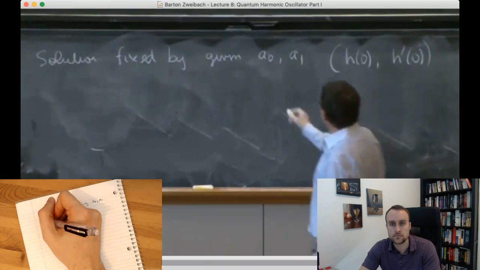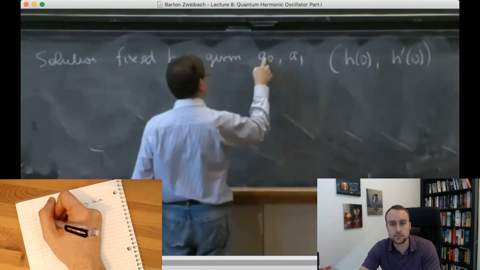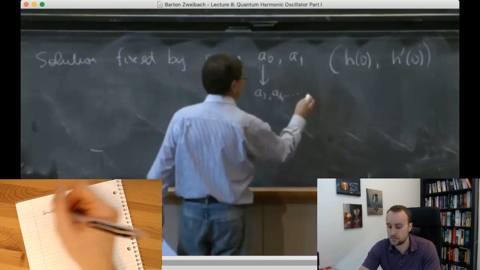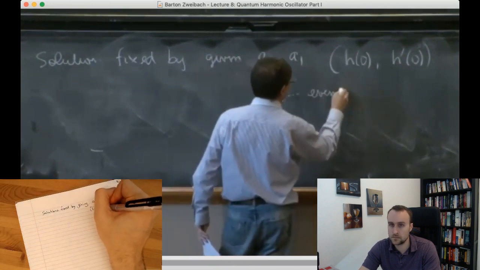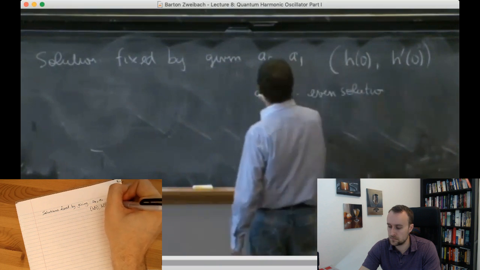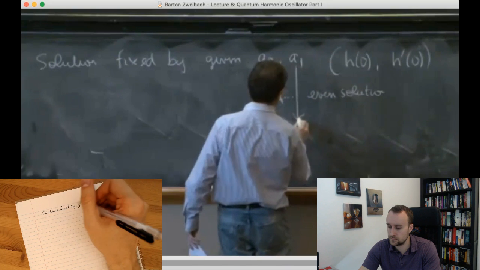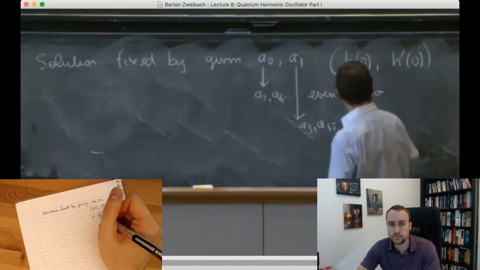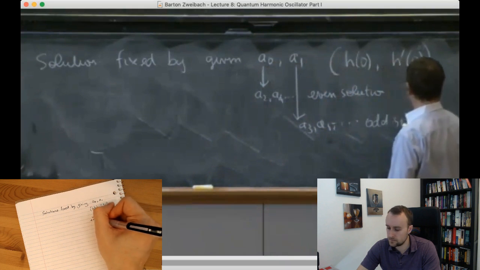And this gives one solution. Once you fix a0, you get a2, a4, and this is an even solution because it has only even powers. And then from a1, you fix a3, a5, all the odd ones, is an odd solution.